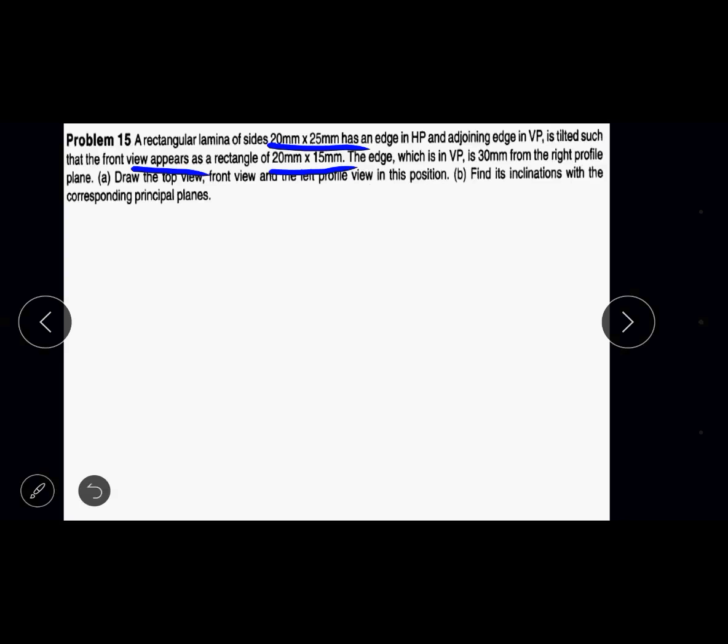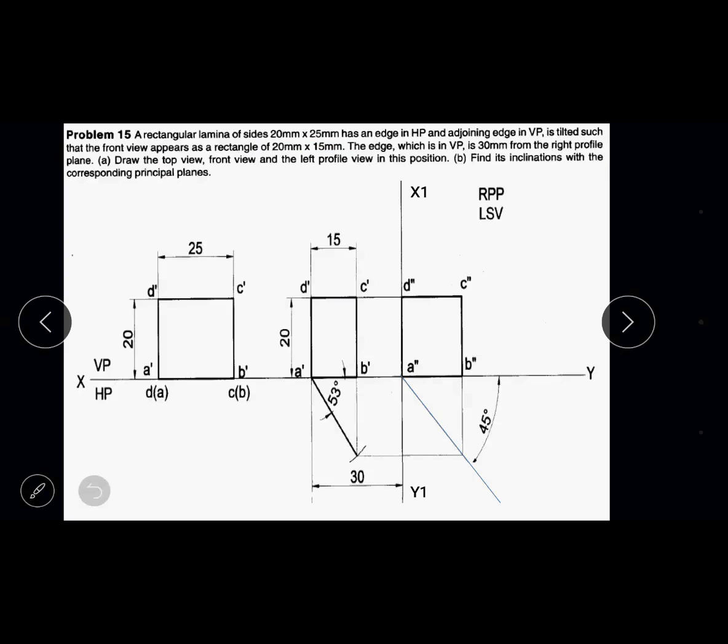I should go for shorter edge resting. The reason is the front view is in the form of 20 into 15. You can see over here. I should go for the shorter edge, not the longer edge, because ultimately the front view will have a dimension of 20 into 15.